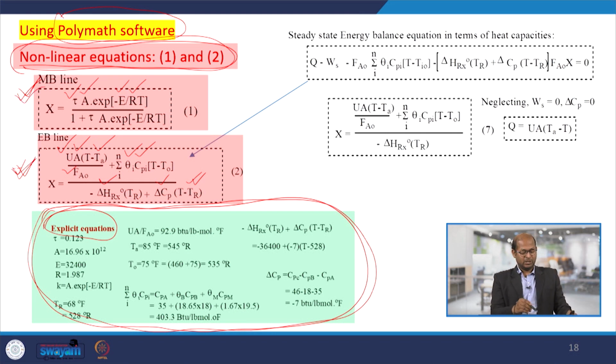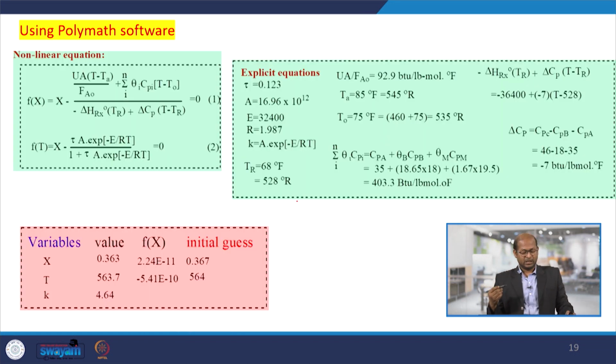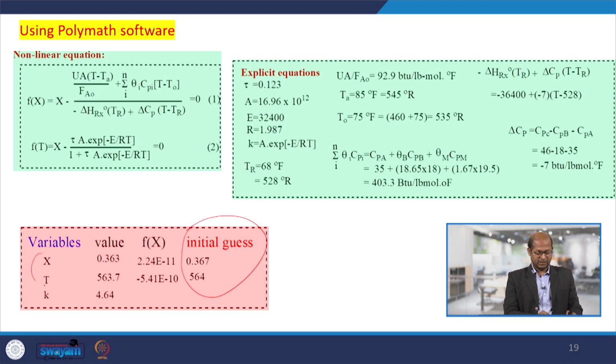Once we solve using these parameters, with initial guess values for conversion and temperature, and put nonlinear equation 1 and nonlinear equation 2 with these explicit equations, these are the results by Polymath. The results will come.